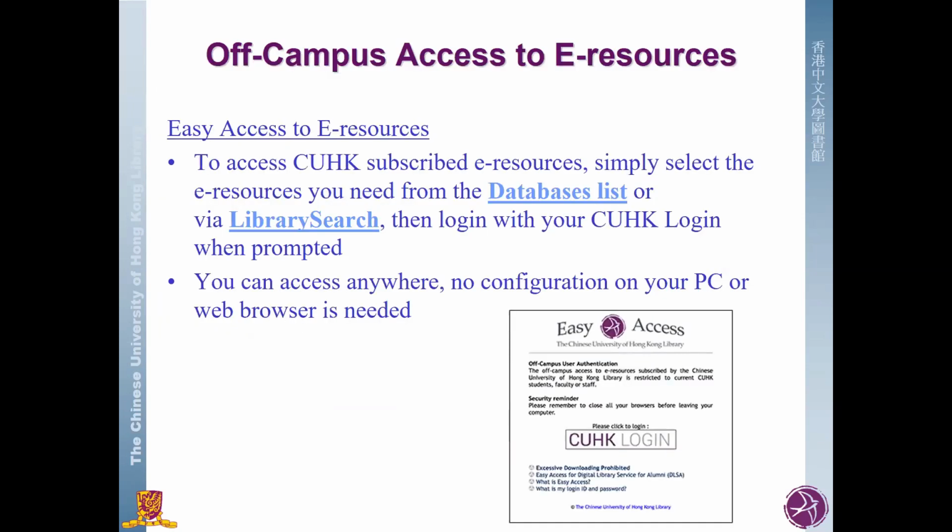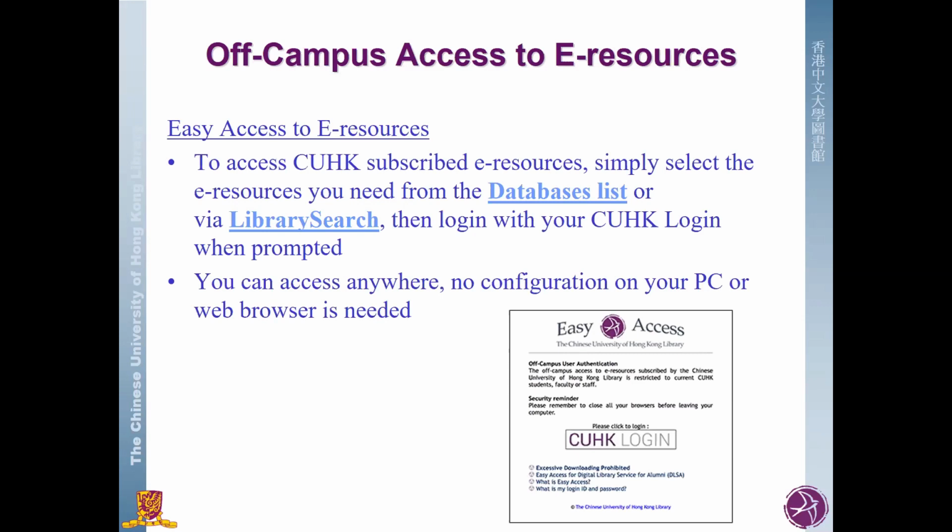Then we move on to the off-campus access to e-resources. After we know where to find the library's e-resources, we now have a look at the ways to access the e-resources. The first method is easy access to e-resources.